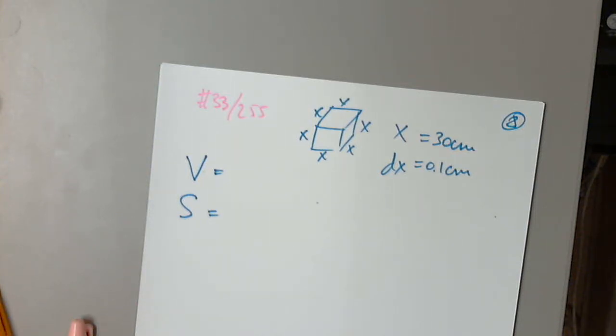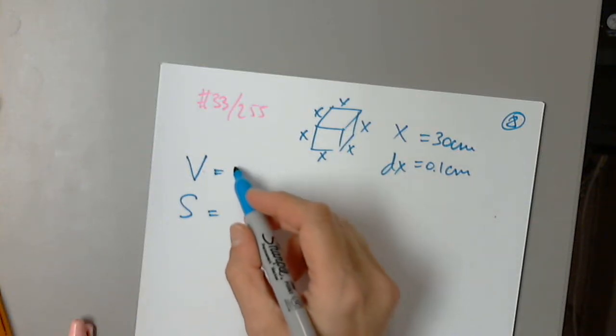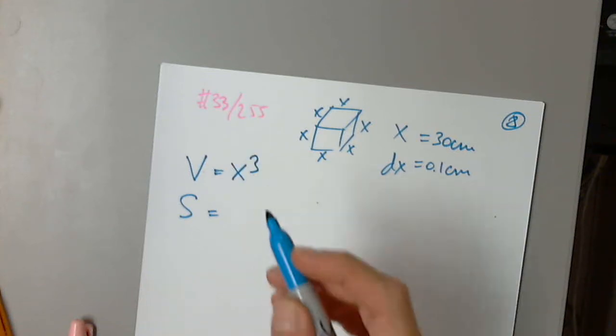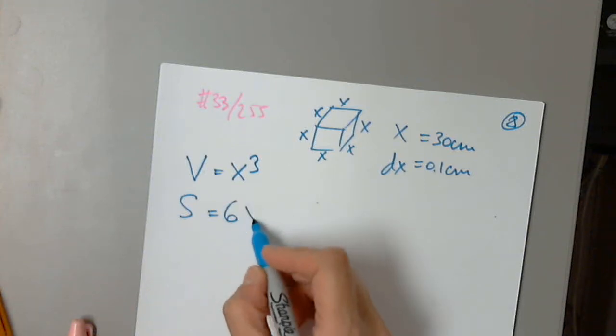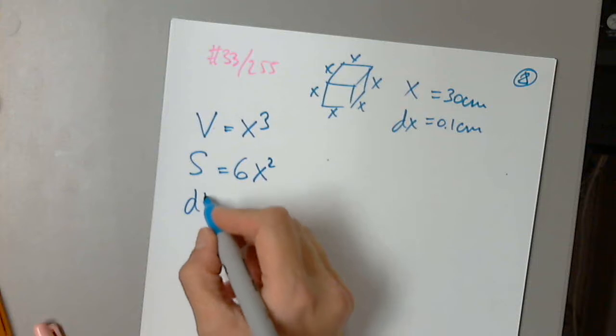Good. So can anyone give us the volume of the cube? x cubed. Perfect. And the surface area of the cube? 6x squared. Perfect. Can anyone now give us dV?